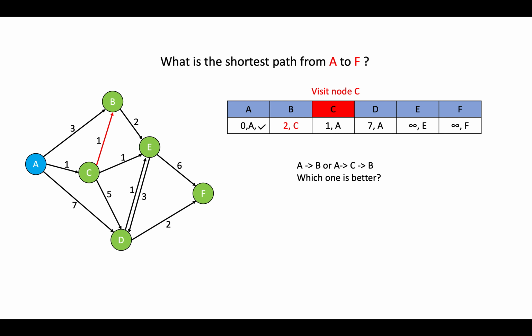We have used the information from node C to node B, and another piece of information we should use is from node C to node D. So let's look at node D. Currently, if we do not use this information, the shortest path from node A to node D is 7.